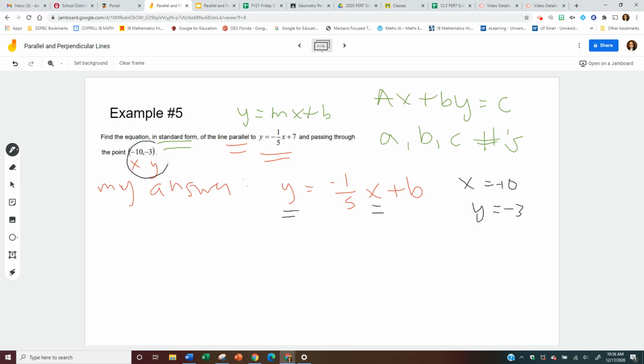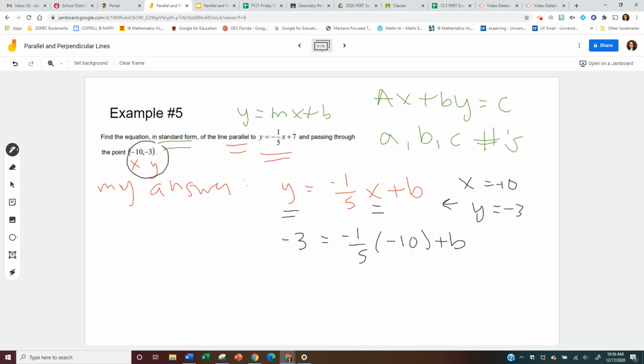I'm going to substitute those values into my equation. So y is -3, my slope is -1/5 times x, which is -10, plus b. So b should be the only thing that I'm solving for.